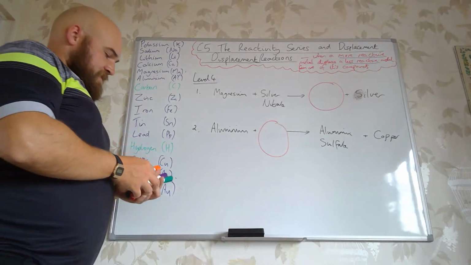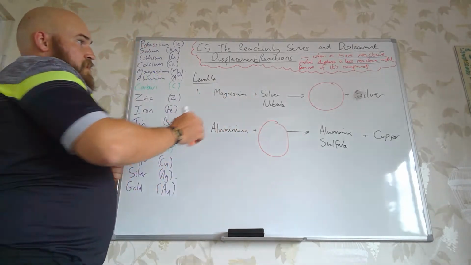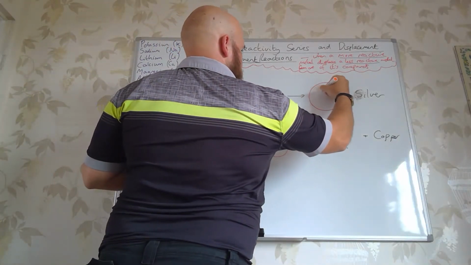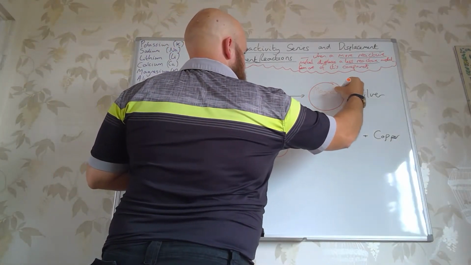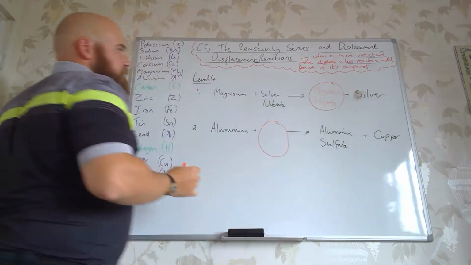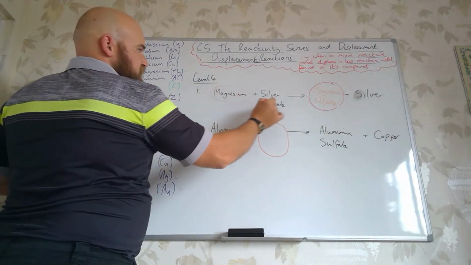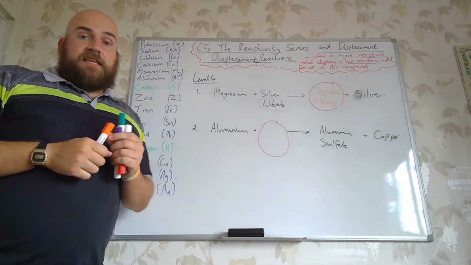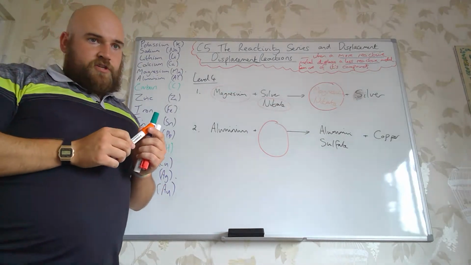So what you get is magnesium nitrate and silver. So again, that will steal the nitrate from silver nitrate, and you end up with silver being produced.